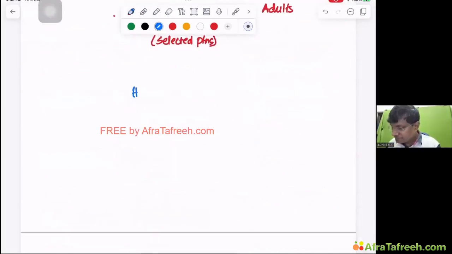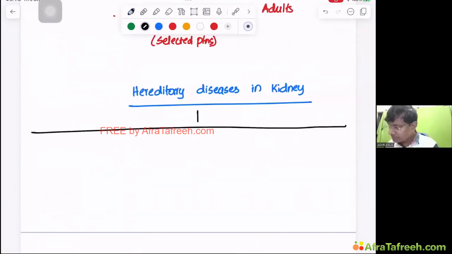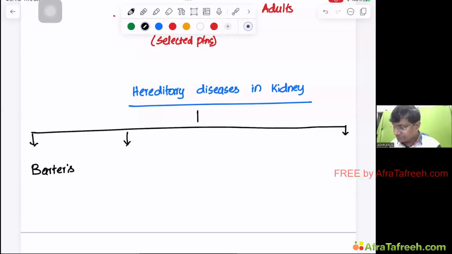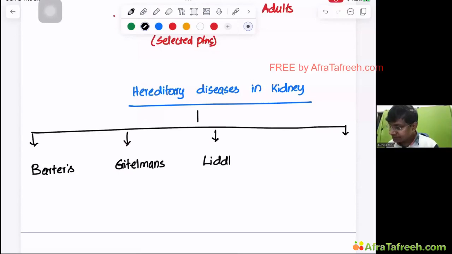So if you take the four important syndromes, that is Bartter's, then Gitelman's, then Liddle's, Alport syndrome. Okay.